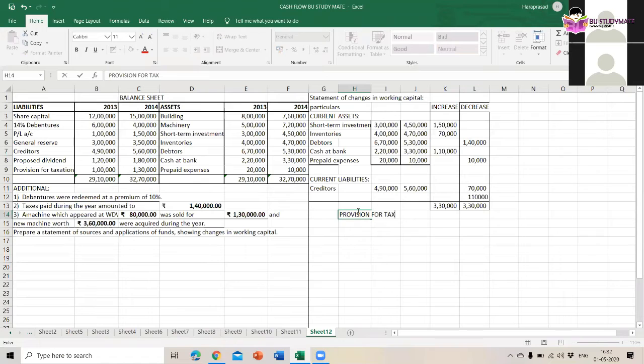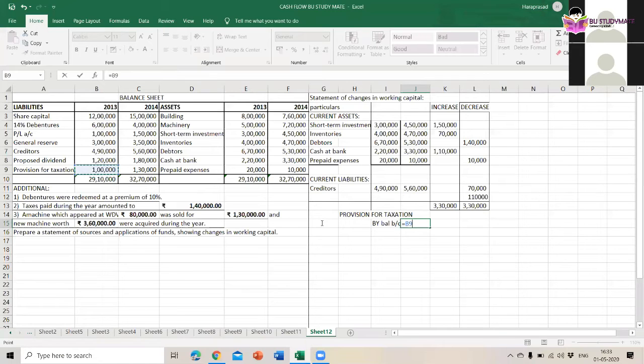Provision for taxation. So here, opening balance, by balance brought down. How much? That is 1 lakh rupees. Then on the left side, you write the closing balance.